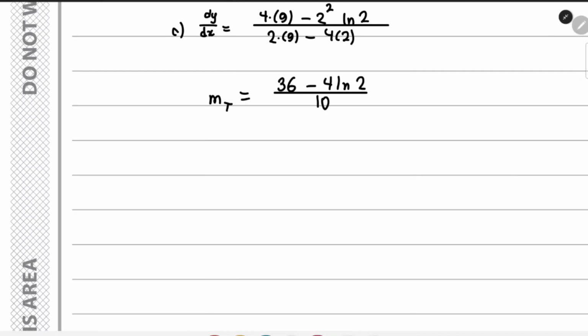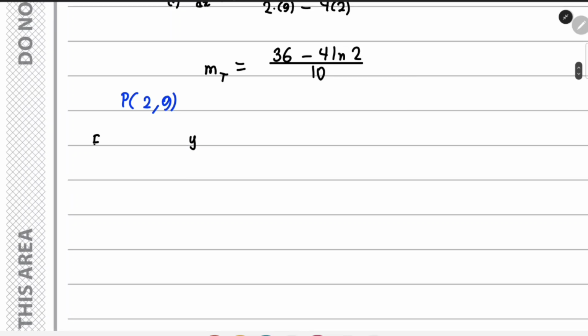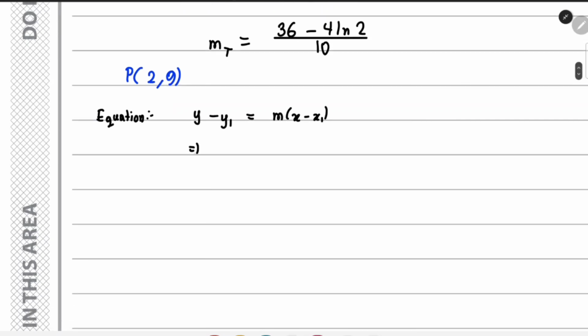We need to find the equation of the tangent as well, and we know it passes through P. So P is (2, 9). So the equation of the tangent can be found using y minus y1 equals m times x minus x1. So y minus 9, we'll use 2 as x1 and 9 as y1.